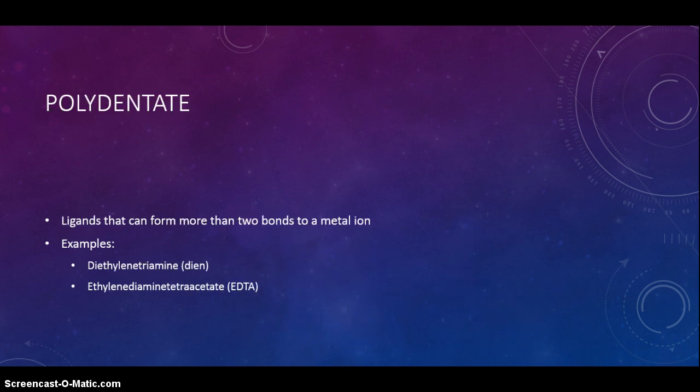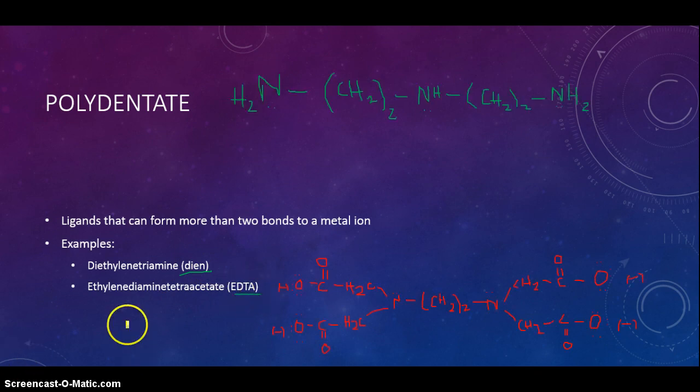Ligands that can form more than 2 bonds to a metal ion are called polydentate ligands, and some ligands can form as many as 6 bonds to a metal ion. The best known ones are ethylenediaminetetraacetate and diethylenetriamine, and these are the abbreviations here. I'll draw some diagrams for you. So here are EDTA and Dien drawn out.